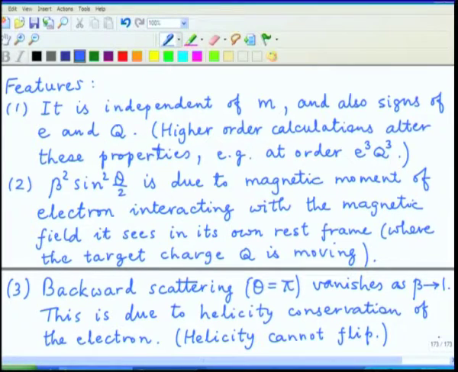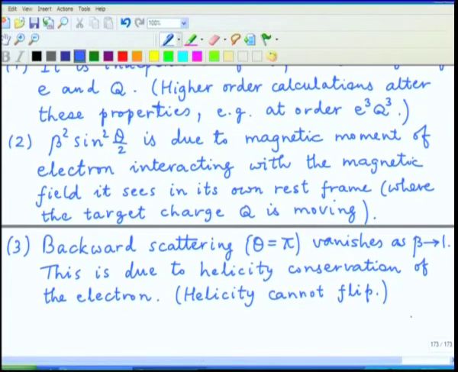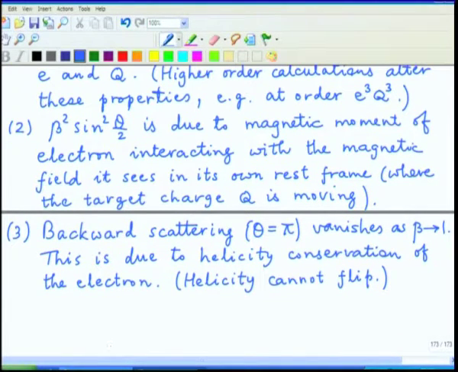As a matter of fact, we saw this feature earlier in studying the properties of graphene, where indeed there is a massless excitation and the properties of it are governed by conservation of helicity rules. So, these are some of the important features.